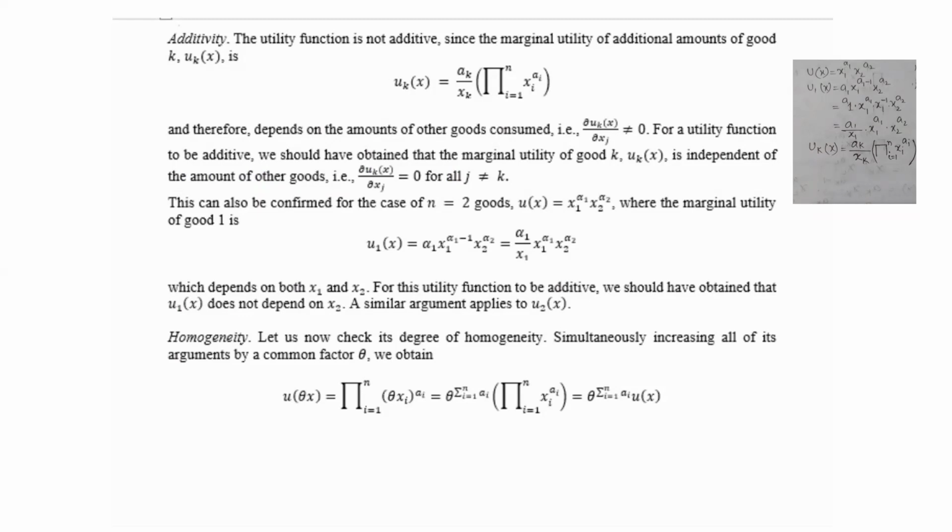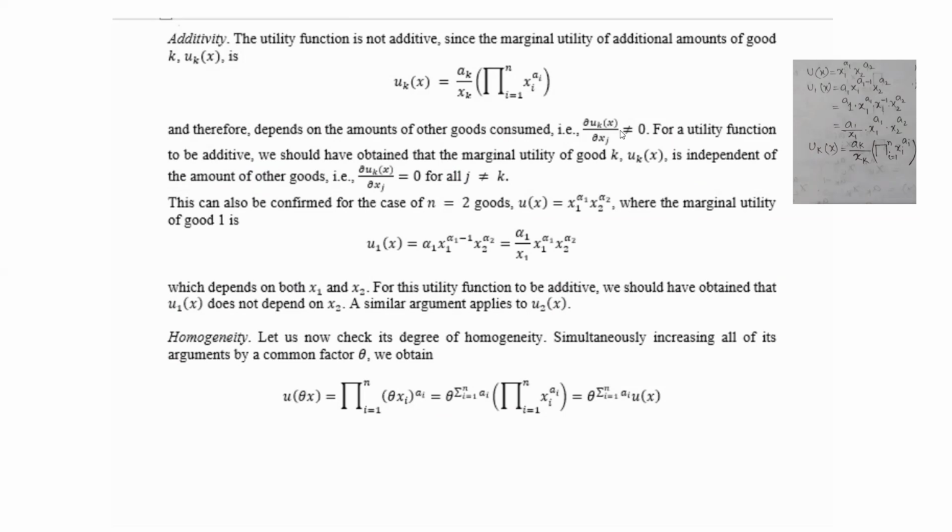Okay, I will try my best. The basic part of additivity is that the marginal productivity of one good doesn't depend on another good to be additive. So here the marginal productivity of good K is UKX. And if we take the derivative of this with respect to xj, and we get it equal to 0, that means the marginal productivity of good K doesn't depend on good xj.